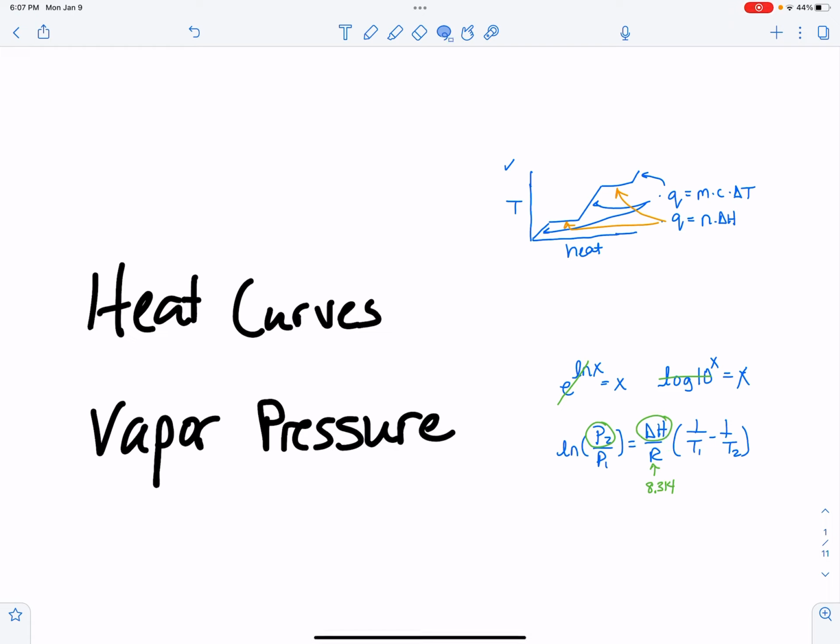So vapor pressure is basically letting you predict the pressure of a vapor of a substance at a different temperature if you know the pressure at an original temperature, and as long as you know the enthalpy for the substance itself.